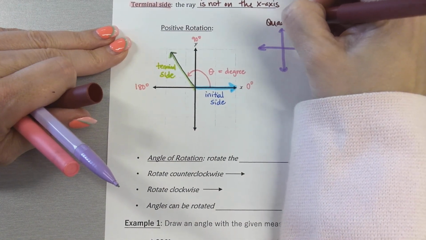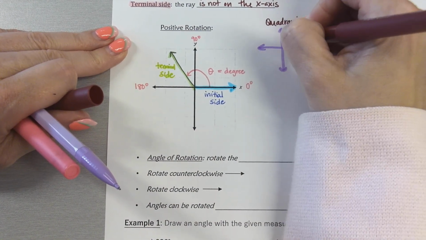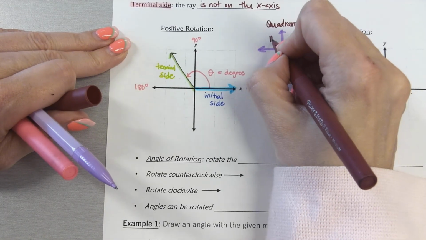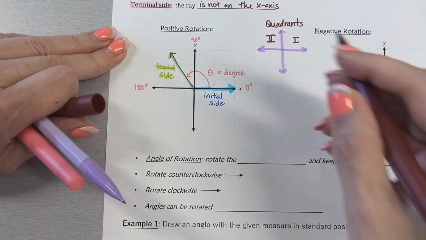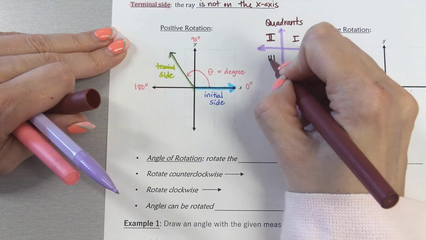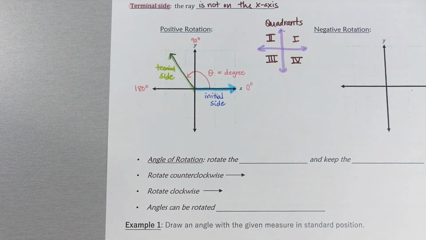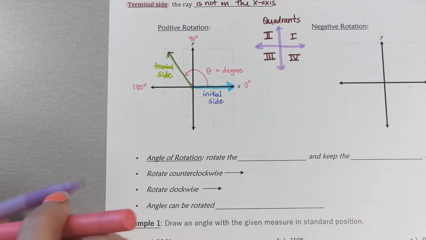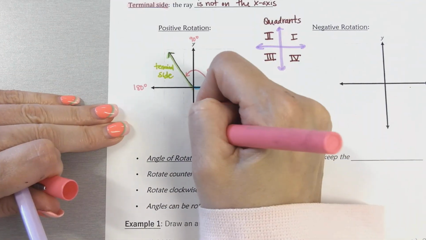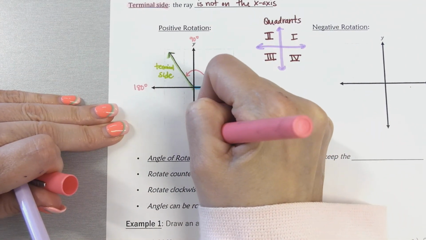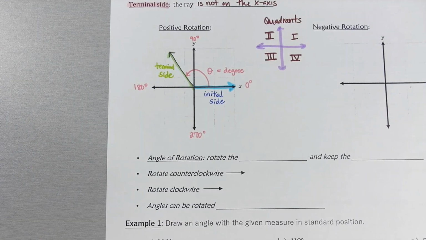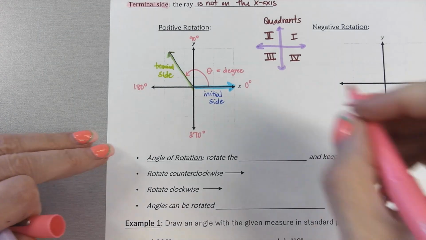Now each quadrant is 90 degrees. Okay, so you have quadrant 1, and we usually use the Roman numerals for the quadrants. Then 2, it goes around counterclockwise. This would be 4. So if each quadrant is 90 degrees, all you have to do is 180 plus 90 to get 270. And you guys probably know one full time around is how much? 360. Yeah?